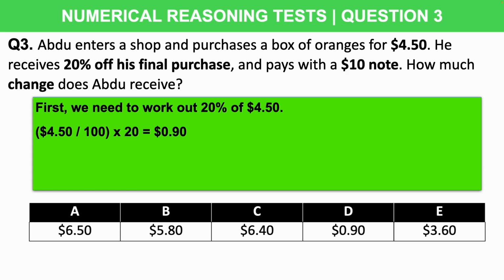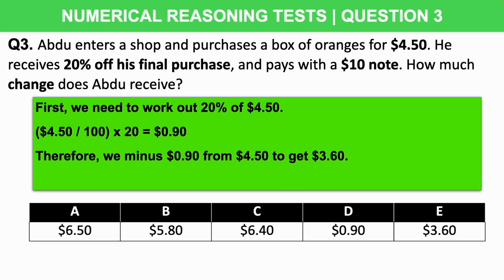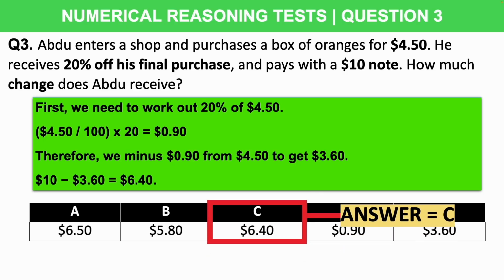We then multiply that answer by 20, which gives us an answer of 90 cents. Therefore, we minus 90 cents from $4.50 to get $3.60. Finally, as he paid with a $10 note, we minus the $3.60 from $10, which gives us our answer of $6.40, making C the correct answer option.